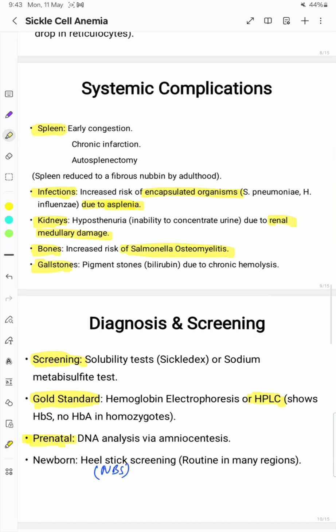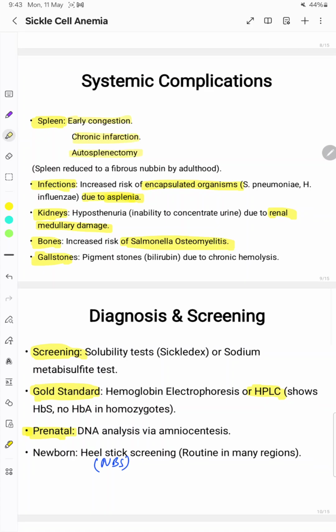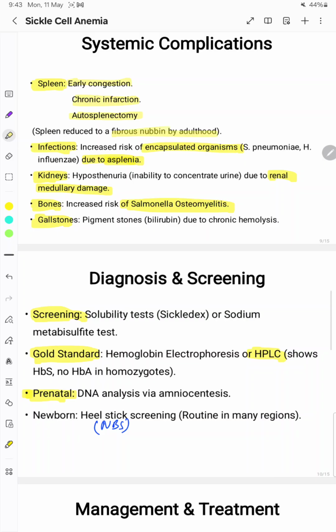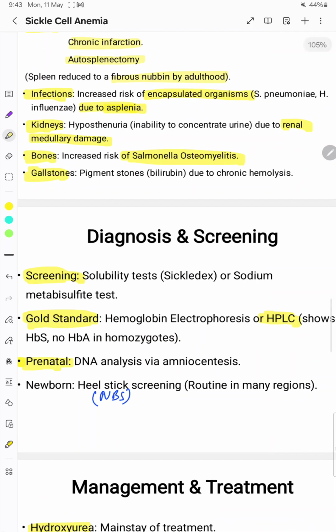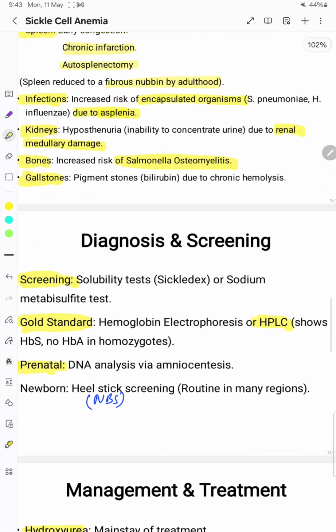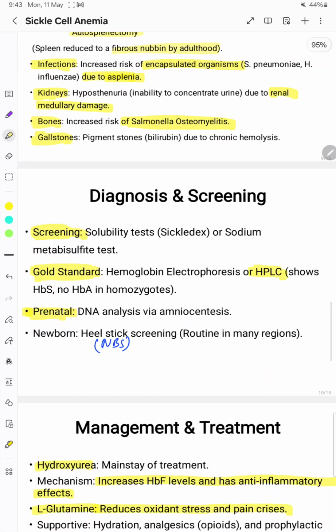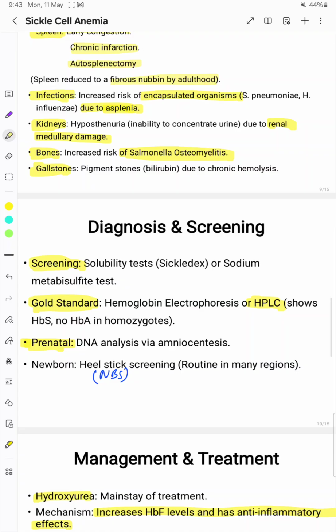What are the systemic complications seen in sickle cell disease? The spleen shows early congestion, chronic infarction, and autosplenectomy. The spleen is reduced to a fibrous nubbin by adulthood. Infection: increased risk of encapsulated organisms, Streptococcus pneumoniae or Haemophilus influenzae, due to asplenia.